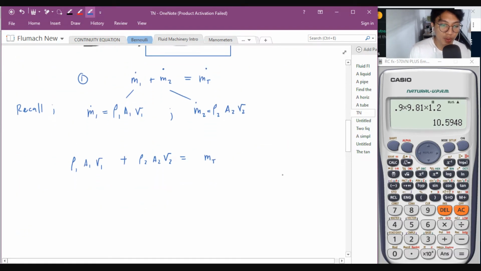Pwede natin makuha yung MT, where MT there is equal to density 3, area 3, and velocity 3. Ayan. Solve muna natin to.